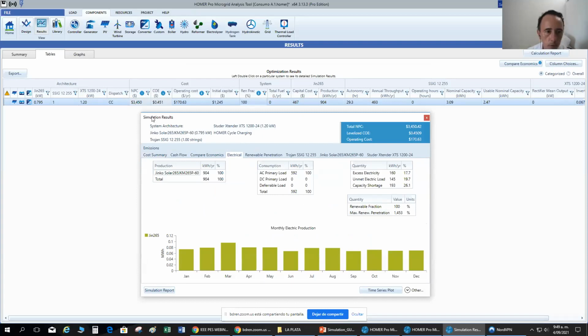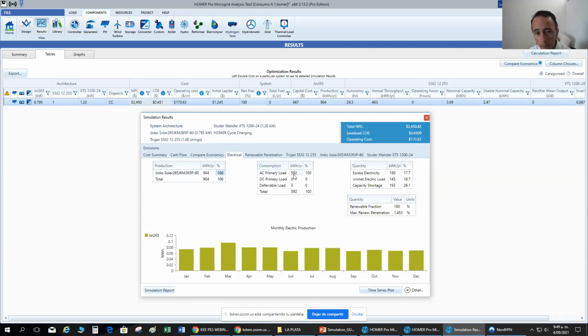Okay, simulation result. It says about the technology system, etc. But look at this. It says that the solar system will produce 900 kilowatt hours per year. 100% of the electricity will be created by solar. Great. Consumption.